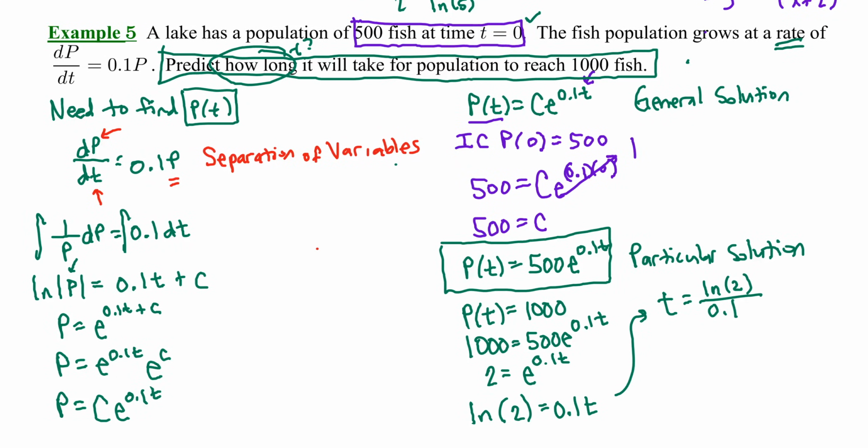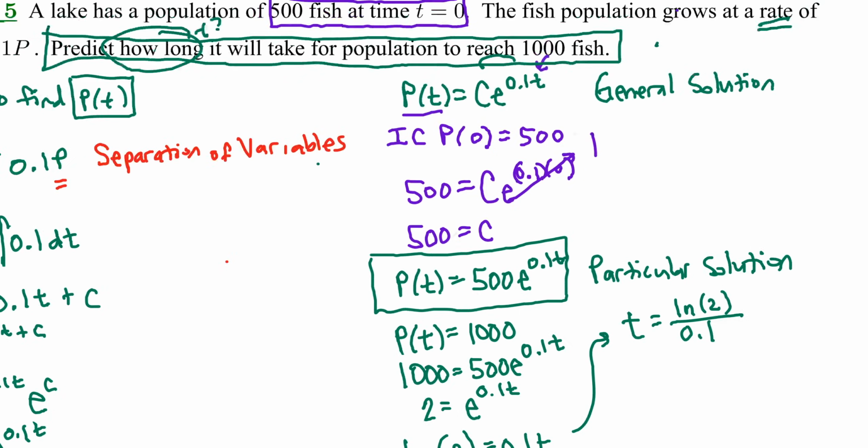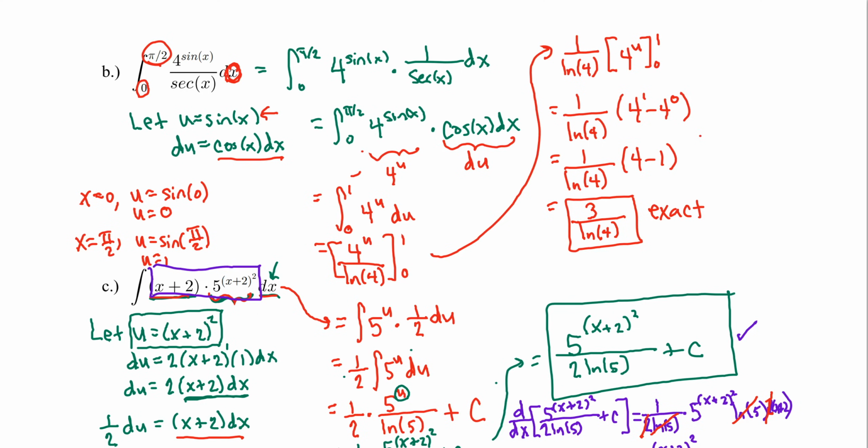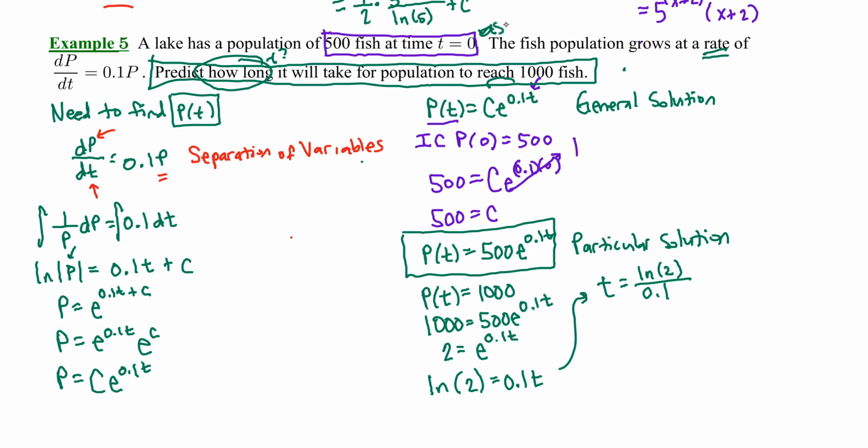Now, in the statement of this particular problem, we have not been told the units for t. So let's just assume that it is days. So I'm going to assume t is time in days. So it's going to take natural log of 2 divided by 0.1 days for the fish population to reach 1,000.